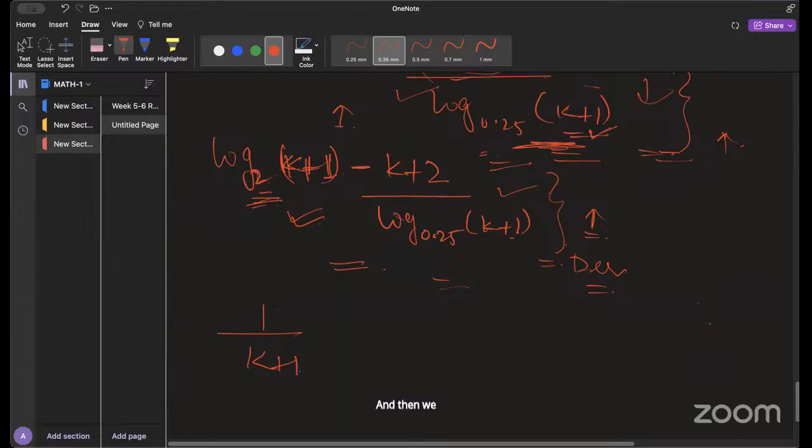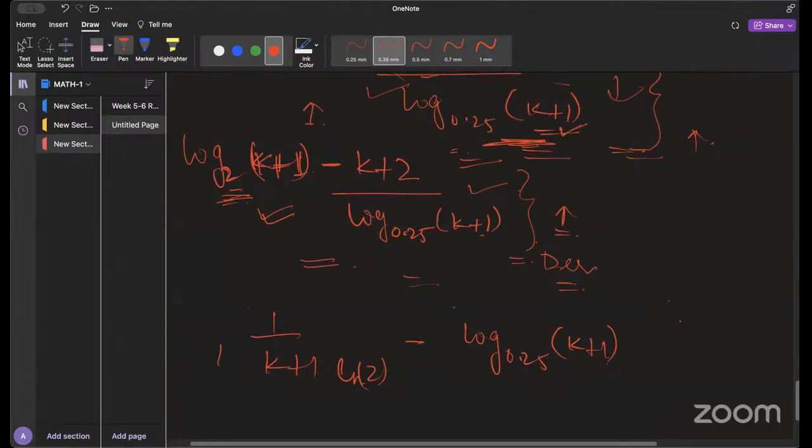Let's just not change things here. 1 by k plus 1, then natural log of, minus, as it is.